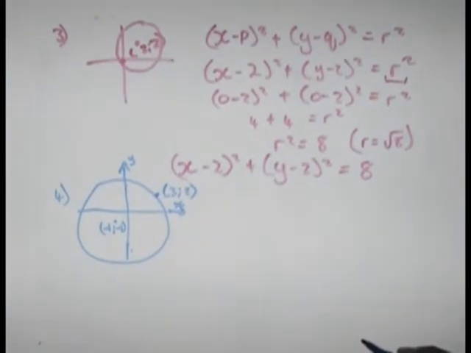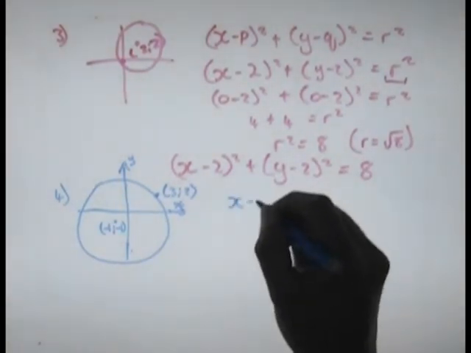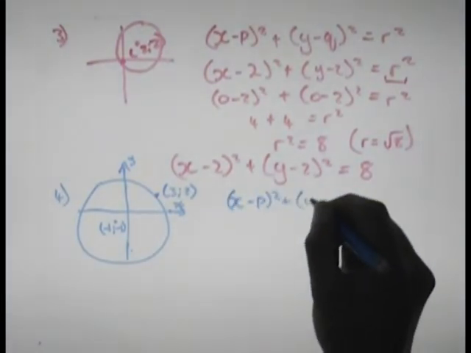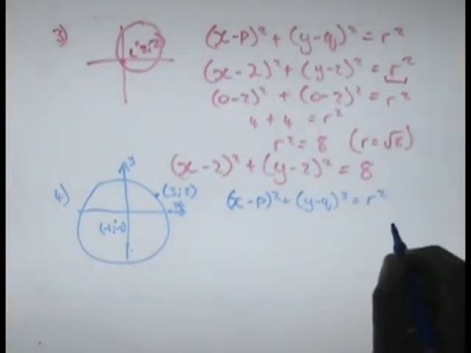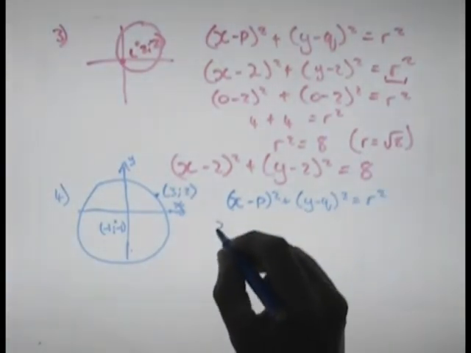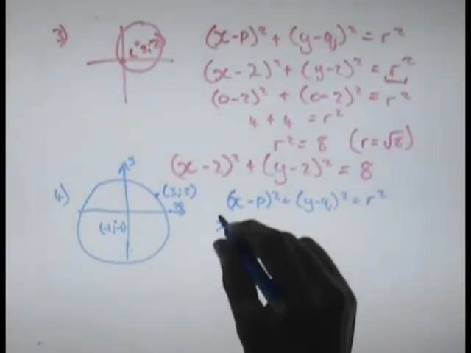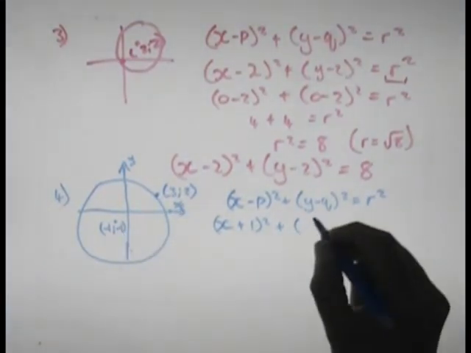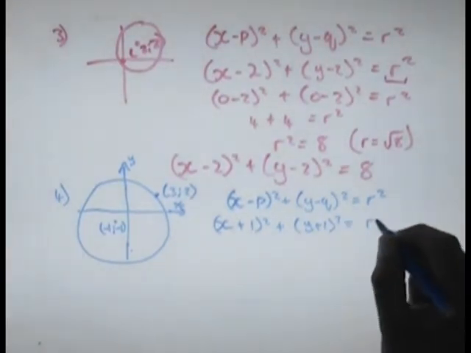Again, we're going to have to start by saying the formula x minus p squared plus y minus q squared is equal to r squared. That means that in this case x minus minus 1 will be x plus 1 squared plus y minus minus 1, which is y plus 1 squared, is equal to r squared.